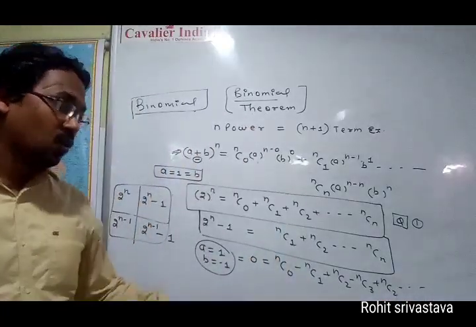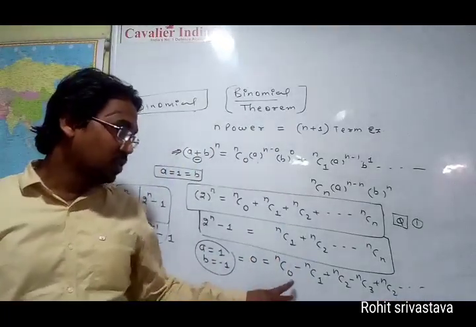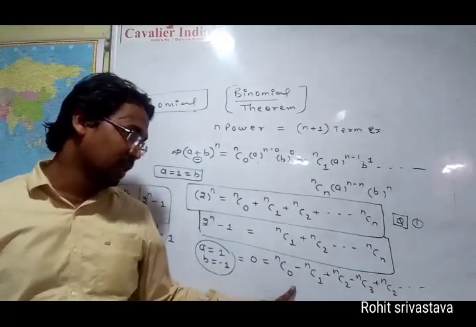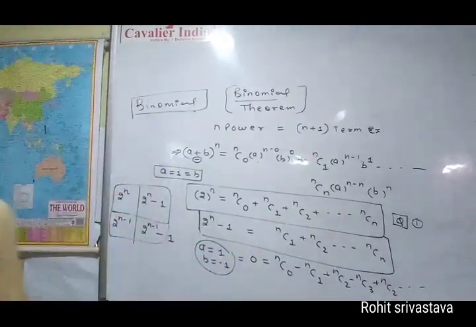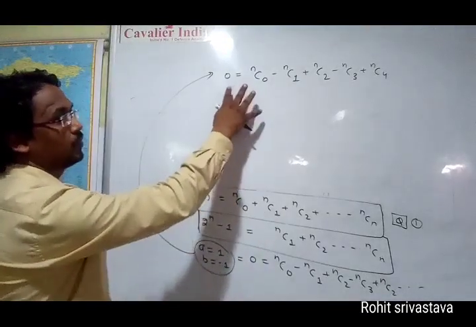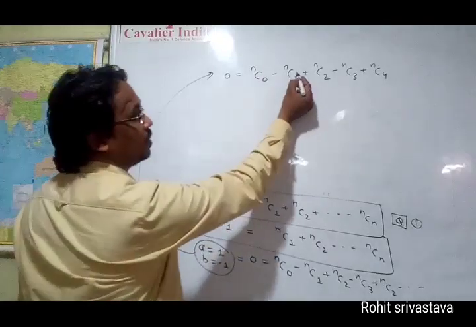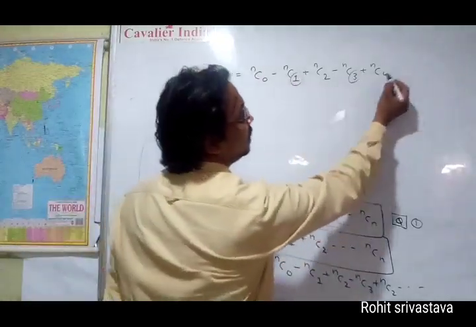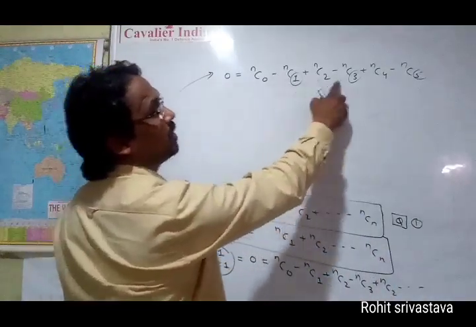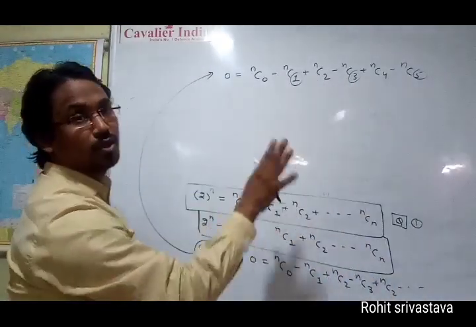You are looking that some of these terms are going in a negative format, some are going in a positive format. If we write the same segment here, nC1, nC3, nC5 are coming at negative places and the remaining are at positive places.